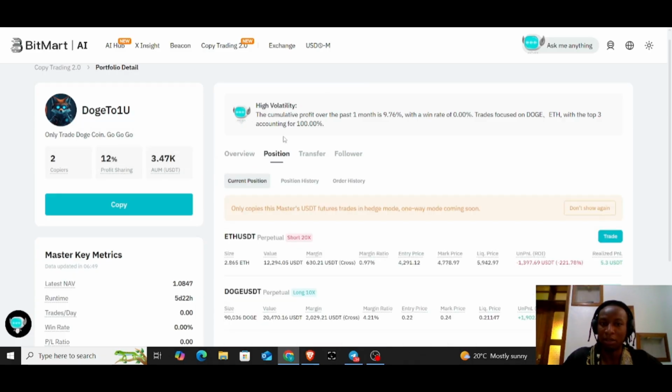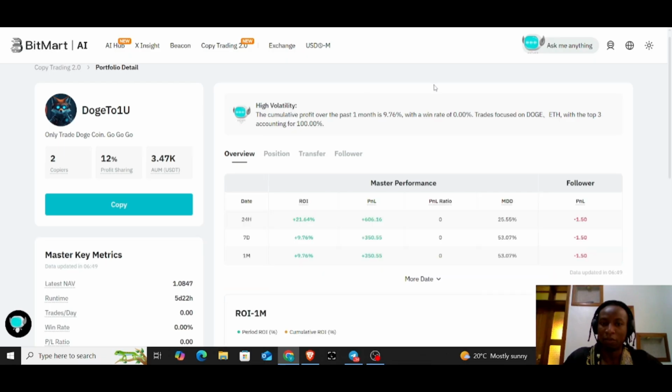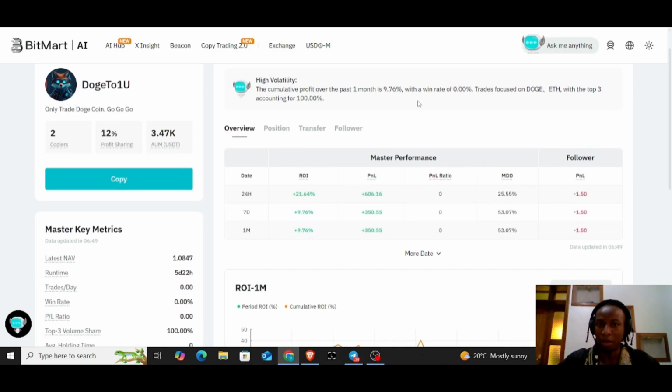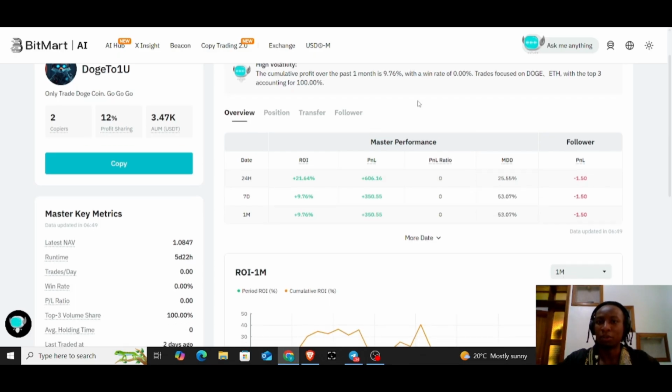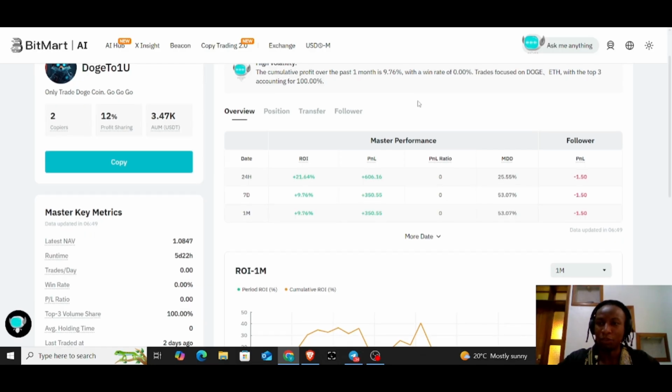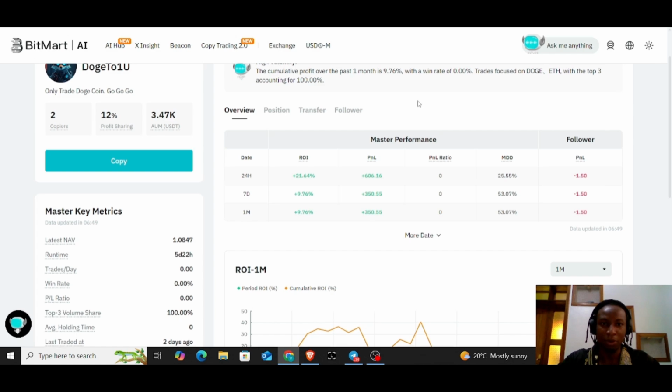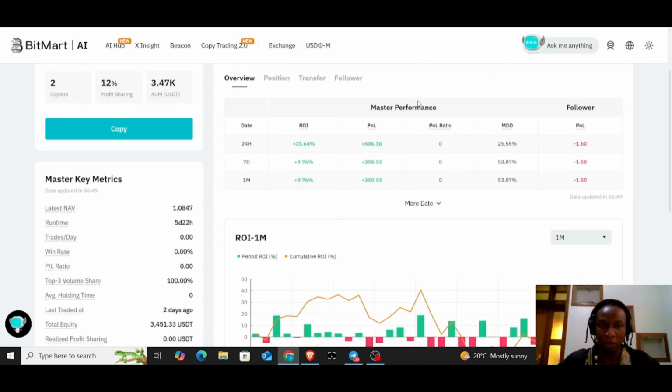So let me go back to the overview. You can see the cumulative profit over the past 1 month is 9.76% with a win rate of 0%. Trades focused on Doge, ETH, with the top 3 accounting for 100%, right?